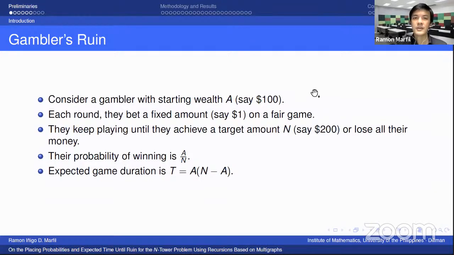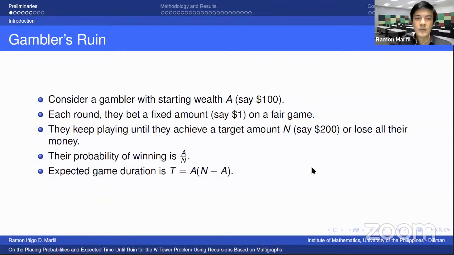So 50-50 yung chance niya of winning or losing that game. That player keeps playing until that player achieves a target amount, and in most cases, the target amount is twice the starting amount, or for simplicity, sabihin natin doble nung starting amount, yung target amount niya, or lose all their money. Kasi maubos lahat ng pera niya.